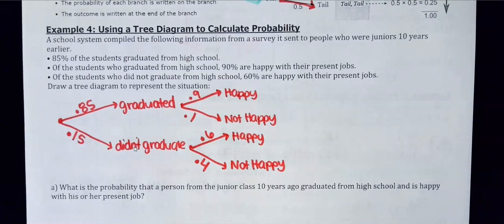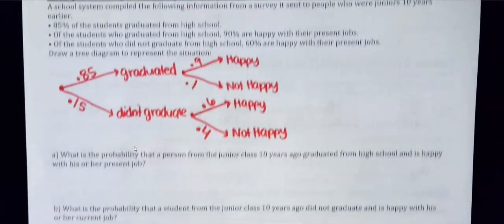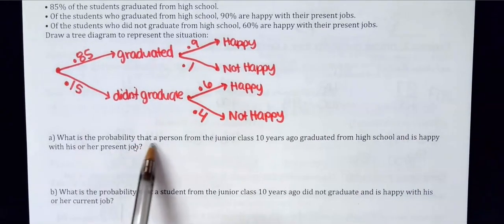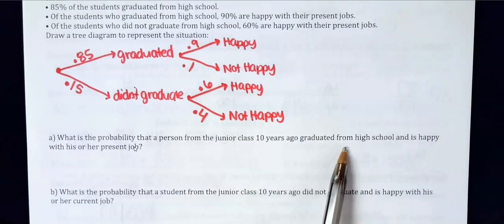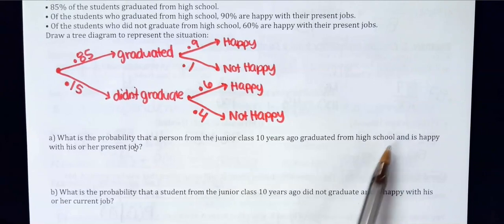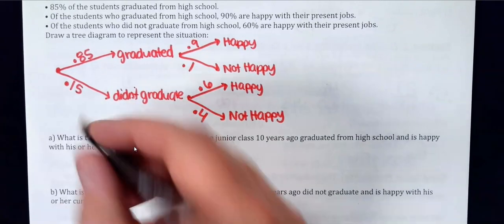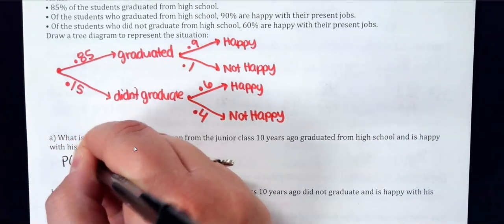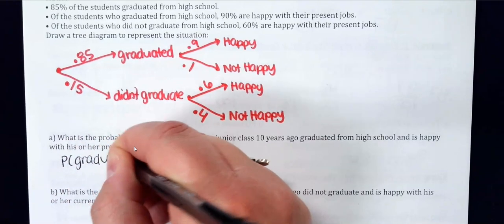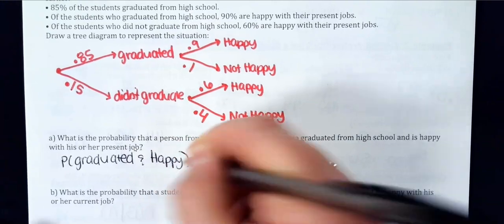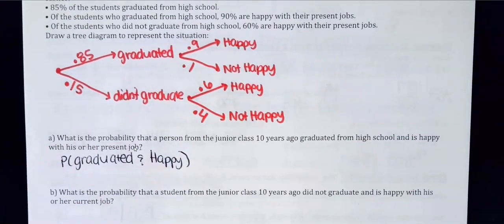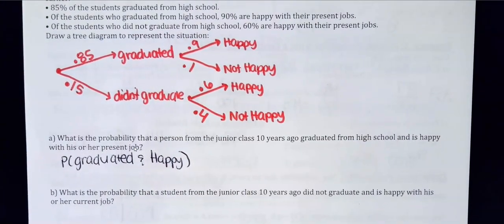All right, so see if you can calculate these. What is the probability that we randomly select one of these people and they graduated and they are happy? You don't have to write this, I'm just going to write it: graduated and they're happy with their job. How would you calculate that with the tree?